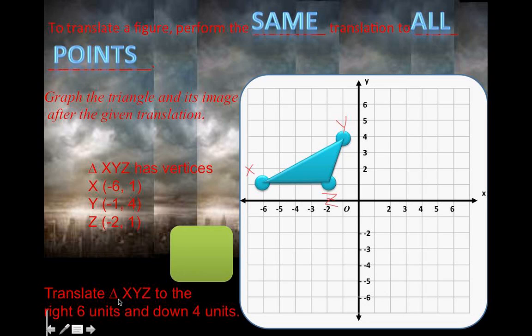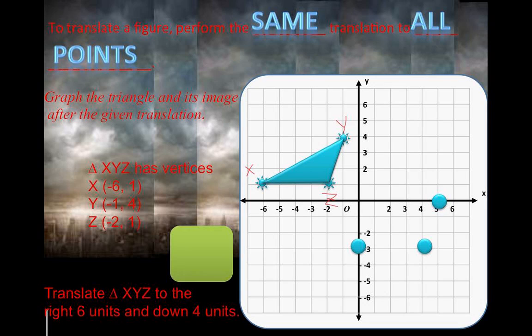And we want to translate triangle XYZ to the right 6 units and down 4 units. So you're going to take point X here, and you're going to go to the right 6 and down 4. You're going to take point Y and go to the right 6 and down 4. And you're going to take point Z and go to the right 6 and down 4.